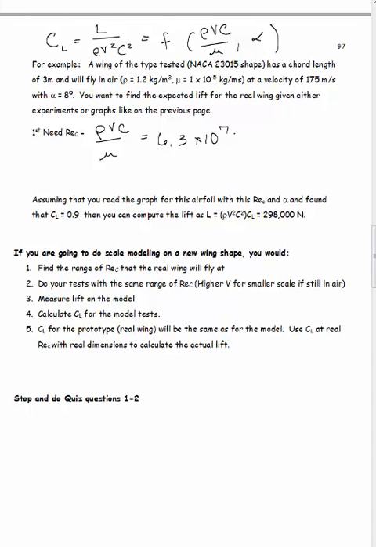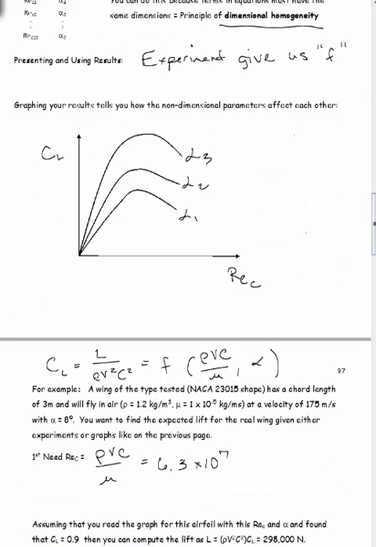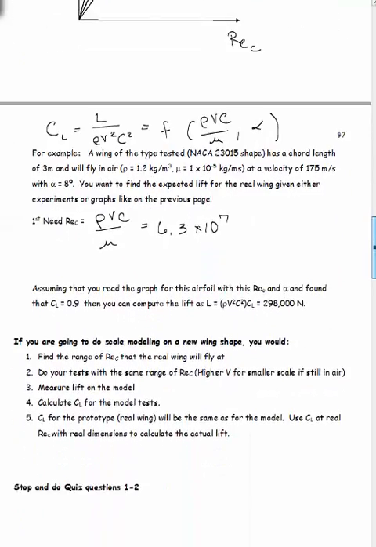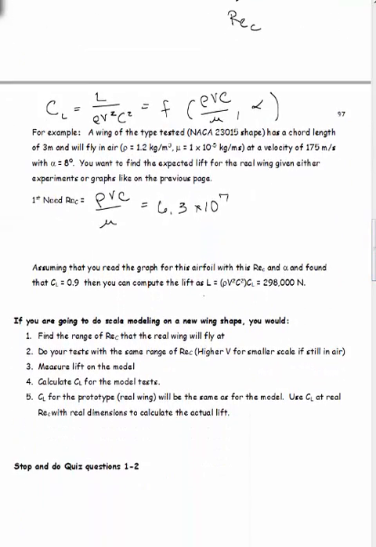So let's say we have that graph up above, this graph, and we're able to read that for this alpha that we have, and this Reynolds number, 6.3 times 10 to the 7th, we got a coefficient of lift 0.9, okay? So if that was the case, we would put in 0.9 as CL, and then we can rearrange and plug in, and you end up with 298,000 newtons on the prototype, based on stuff we did on the model. Okay, so that's how you do similarity or scale modeling, and we're going to cover that more later.